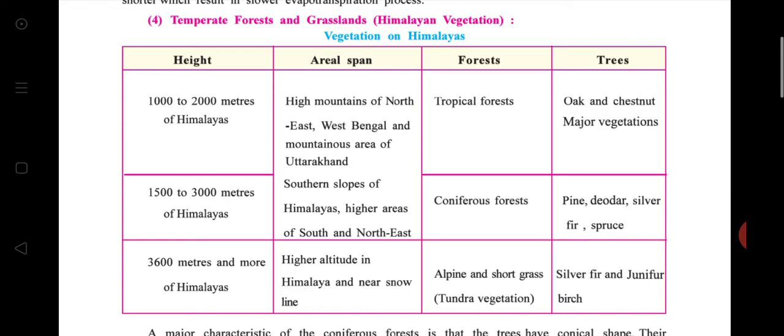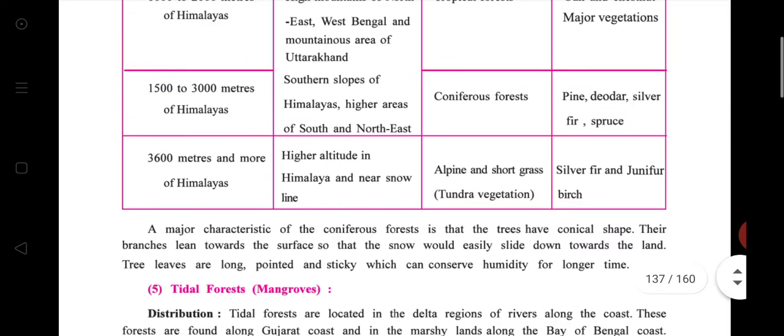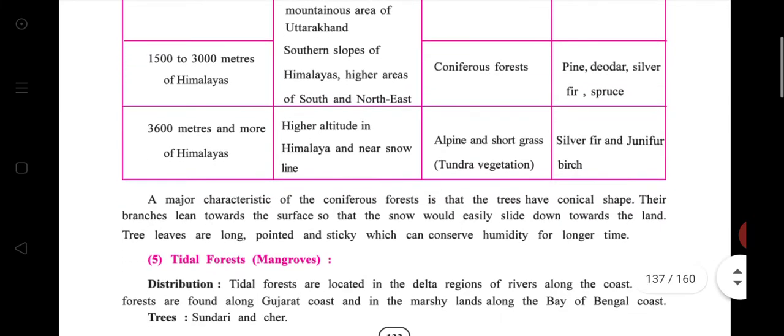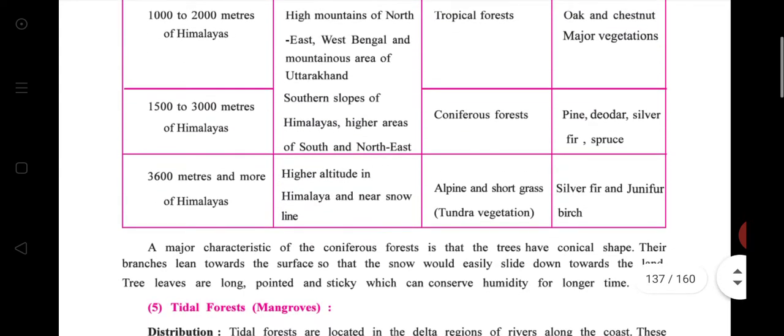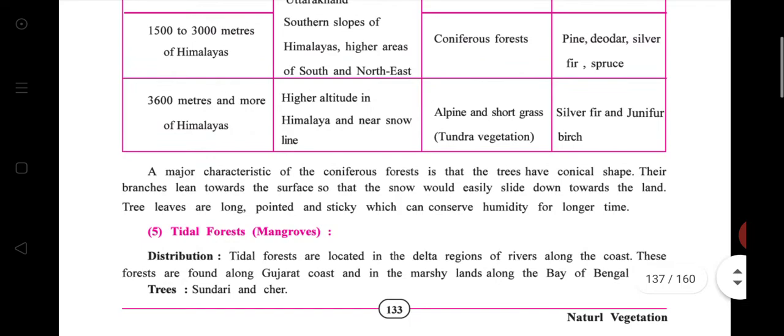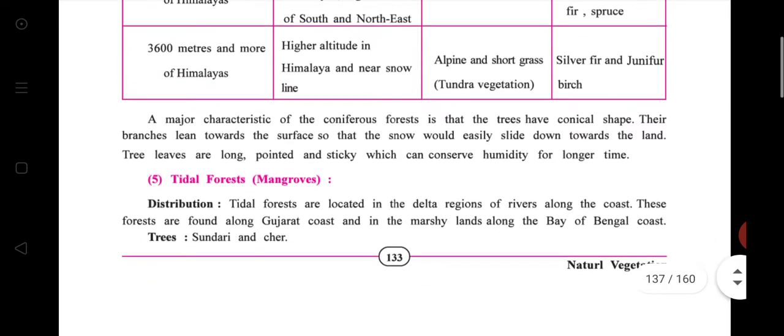Then tropical forest and conifer forest, with trees like oak, chestnut in the tropical forest, and coniferous pine, deodar, silver fir, and spruce. Then 36 meters and more of Himalaya height, high altitude near the snow line, so alpine and short grass, silver fir and juniper beech.